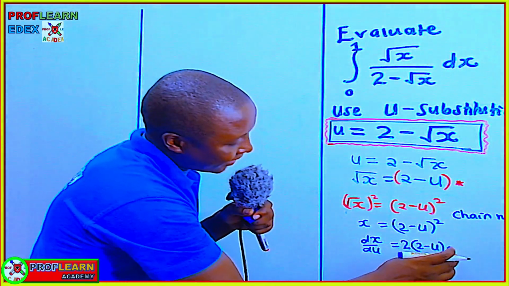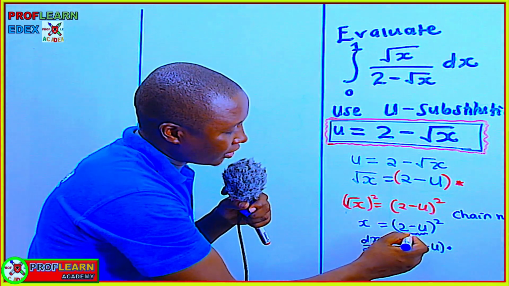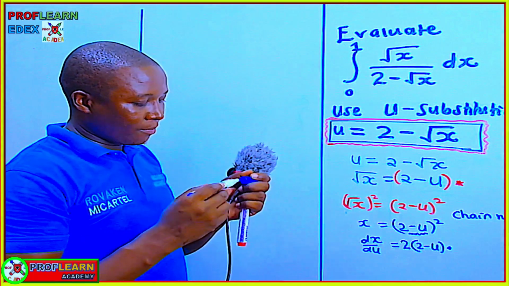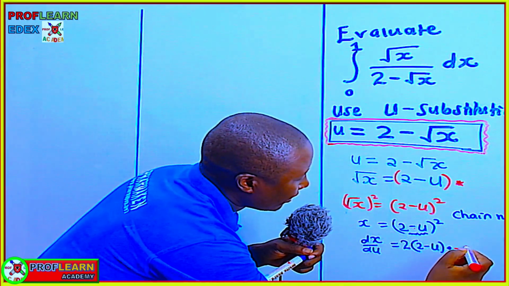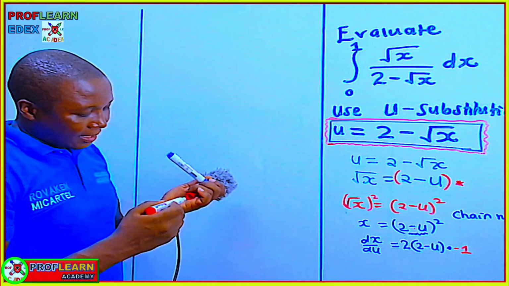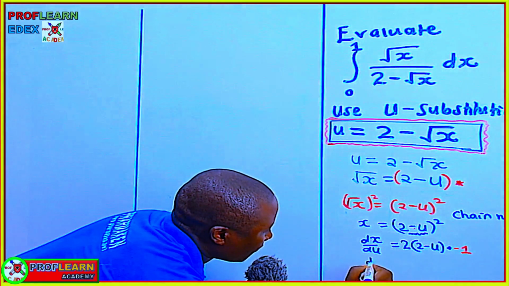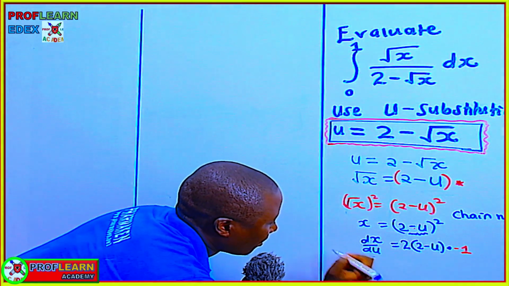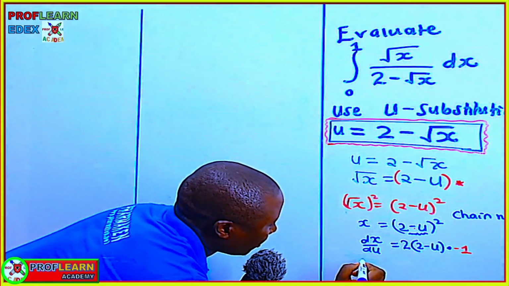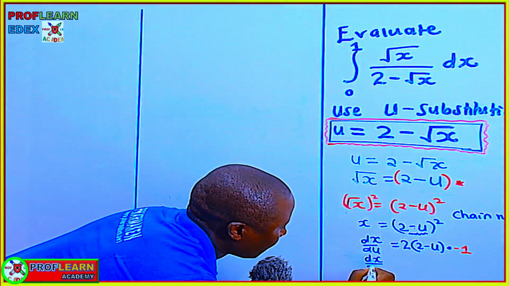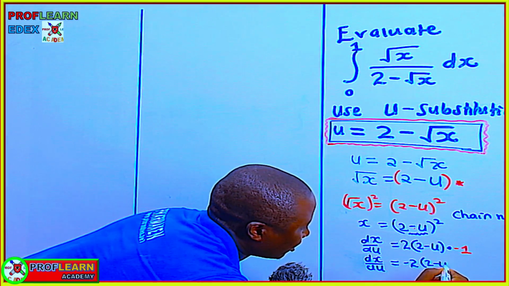Then we multiply this expression by the derivative of what is inside the bracket. Differentiating 2 minus u gives negative 1. So at the end of the day, dx du is equal to minus 2 into 2 minus u.